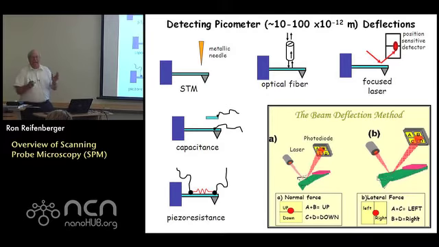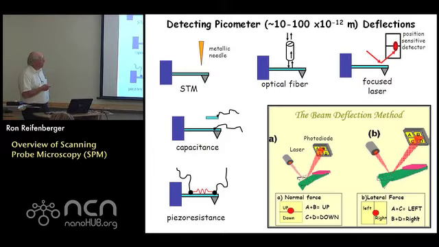There are many ways that have been devised to measure deflections of cantilevers. There's almost as many ways to measure deflections of cantilevers as there are people in this room. I'll go through and list a variety of the techniques. It turns out this idea here is the one that dominates most AFMs that are built today.